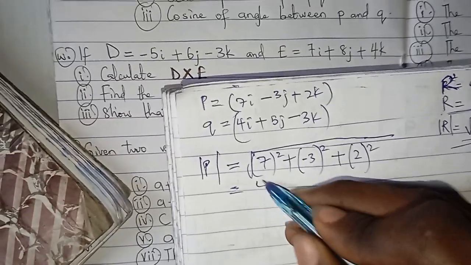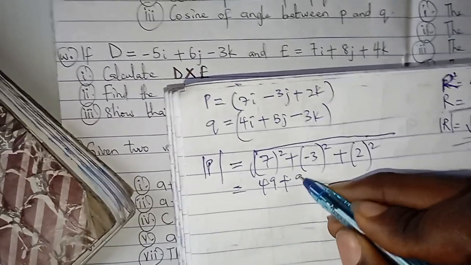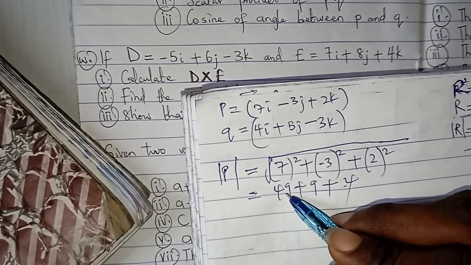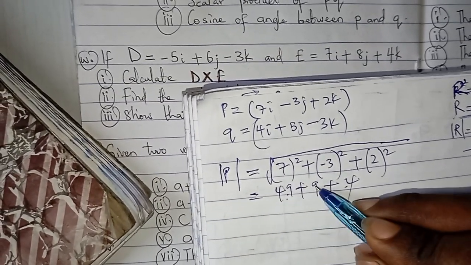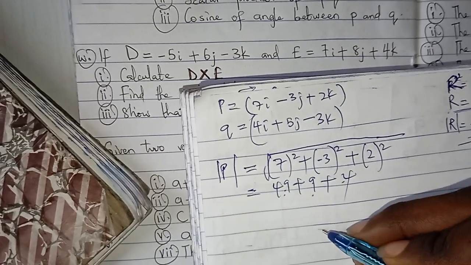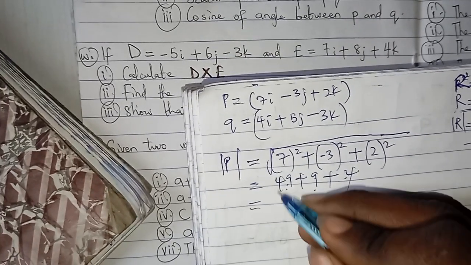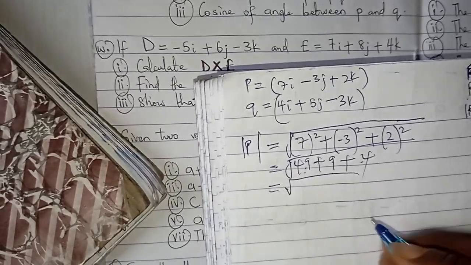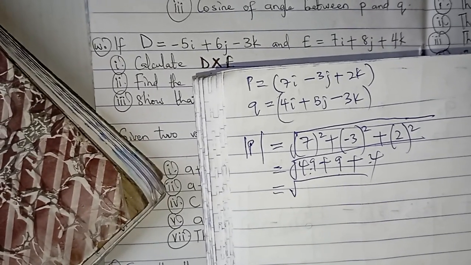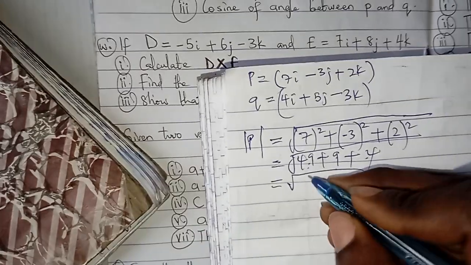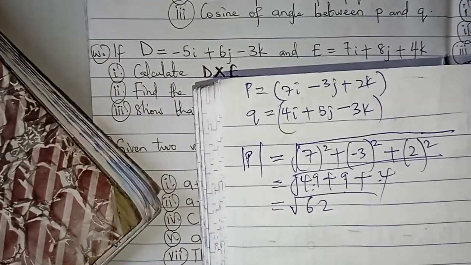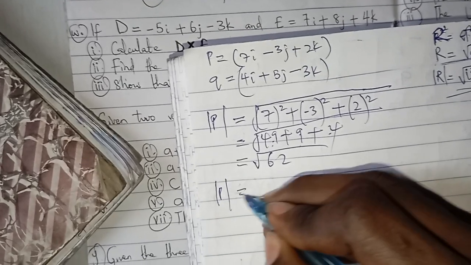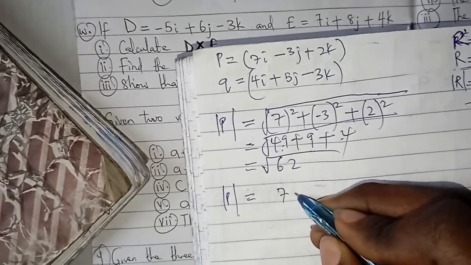This is going to give you 49 plus 9 plus 4, which is 62. So remember it's going to carry the square root. So square root of 62. Let's punch it. This gives me P equals 7.9.